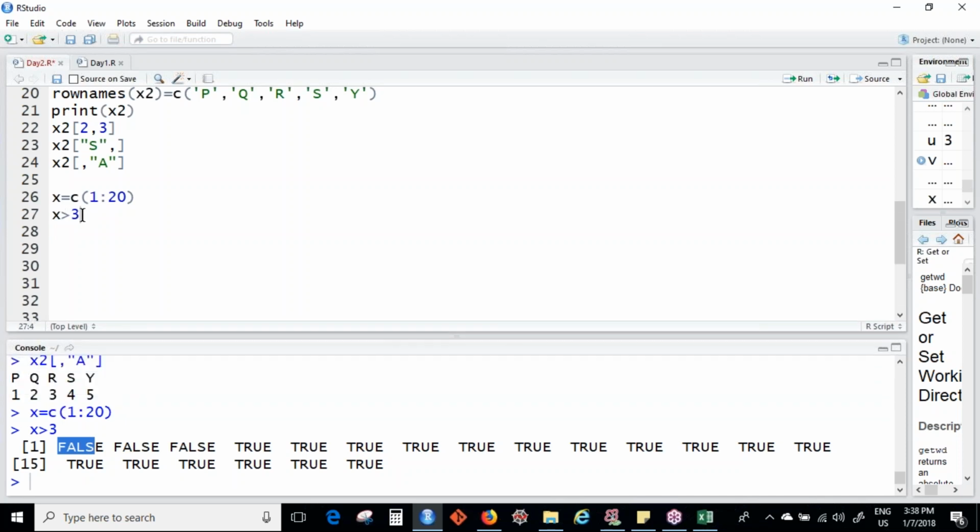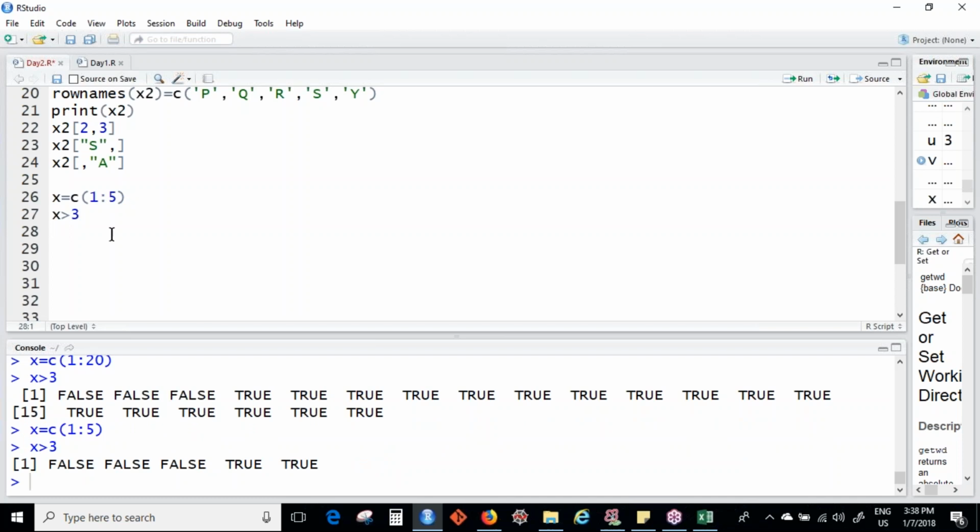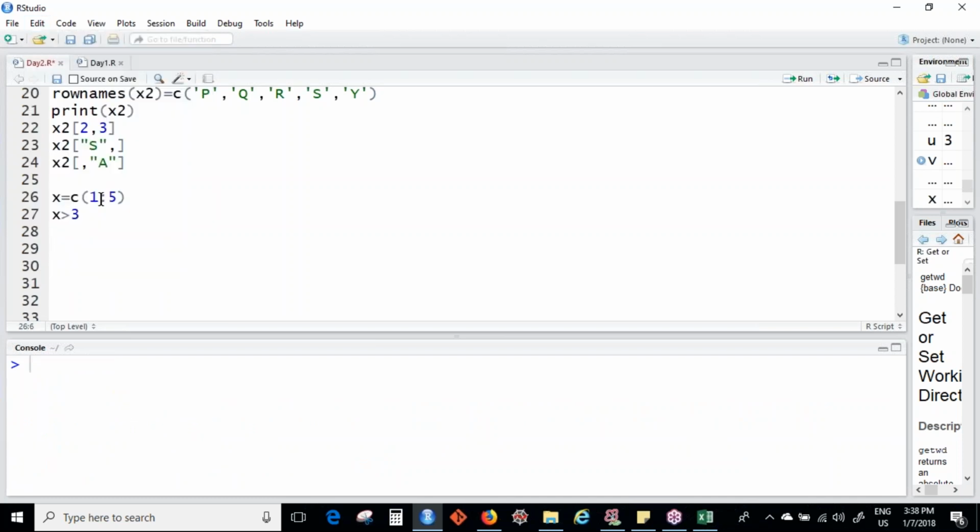Is 2 greater than 3? False. So you see a false here. Similarly, is 3 greater than 3? No, false. So false. Is 4 greater than 3? Yes. So you get a true, and so on. Okay. Oh, let me keep a small number. Then you will get like this. So does this make sense, guys? This makes sense, right?